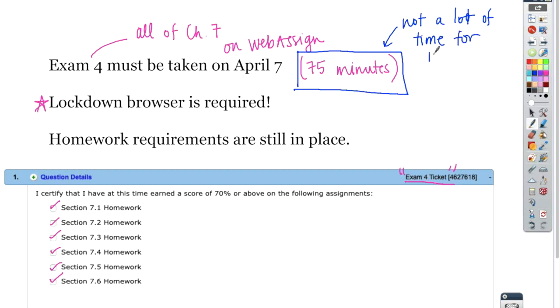There's not a lot of time for checking your notes. And there's also not a lot of time to submit multiple answers. So yes, you can have 3 attempts on every problem, but it all counts in your 75 minutes.